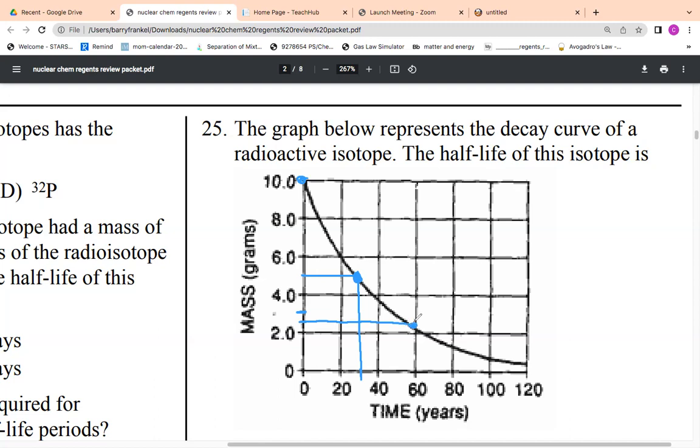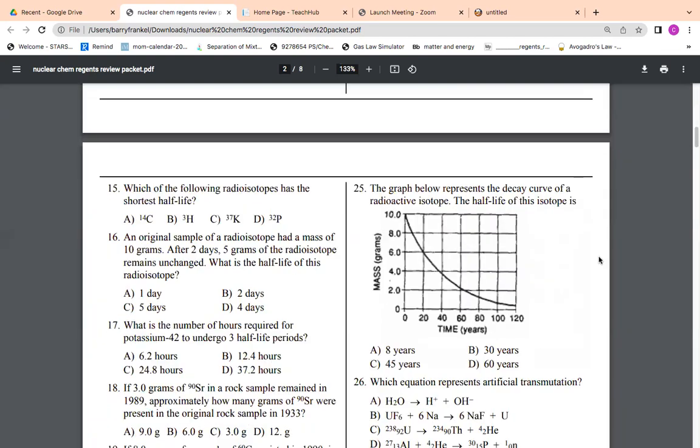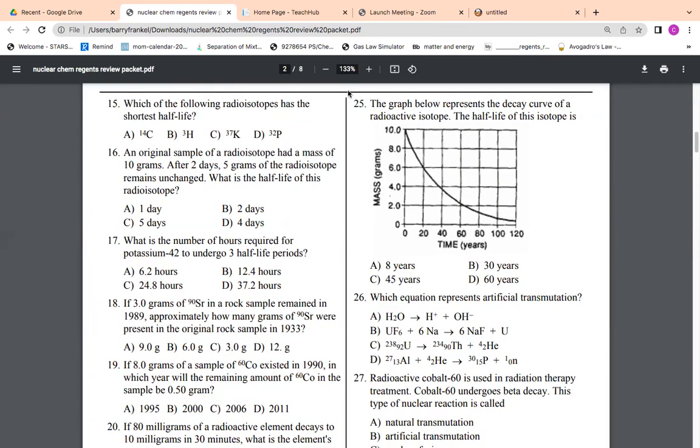So it's pretty much at 60. And again, that's year 30 to year 60. Again, that is 30 years. So our half-life for whatever isotope this is is 30 years long. Again, it would take 30 years for this thing to decay in half. So our answer is B.